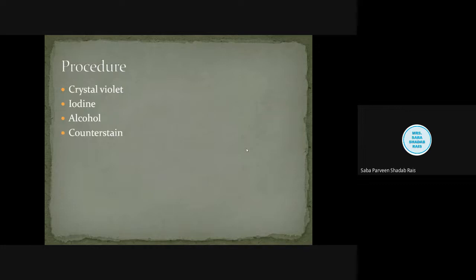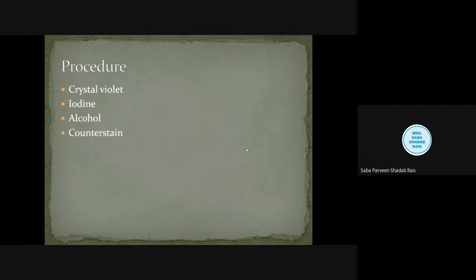So what is going to happen with the gram positive bacteria? We know that alcohol is a dehydrating agent, right? When we make histological slides, we use alcohol for dehydration of the tissue. So here also the alcohol is going to dehydrate the peptidoglycan layer.